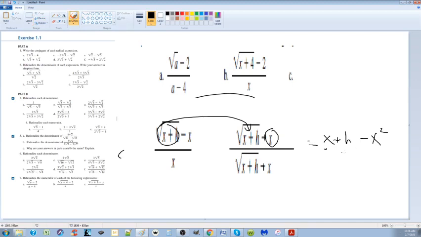Okay, down at the bottom, a little bit more complicated. You're going to have x. Yeah, there's no way to extract an x from that. Like if this had an x in it, I could cancel out an x, but there's no x in it. Down at the bottom, I'm just going to have x times the square root of x plus h, plus x squared. And you might be tempted to say, oh, well, I can cancel here.